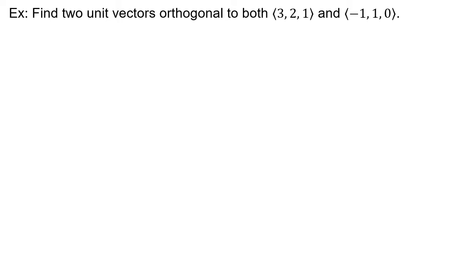Okay, find 2 unit vectors that are orthogonal to both of these vectors. So what I need to do is find the vector that is orthogonal to both of these, which is the cross product, and then I'll do the unit vector of that. So my cross product, now notice it doesn't say which one is A and which one is B. You might say, well, it will matter.